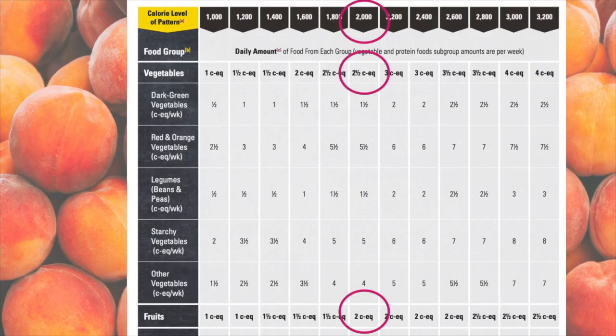So for example, a closer view, if you're trying to eat 2,000 calories a day, you would want 2.5 cups of vegetable equivalents or 2 cups of fruit equivalents, and each food group has a number of equivalents you're supposed to eat.